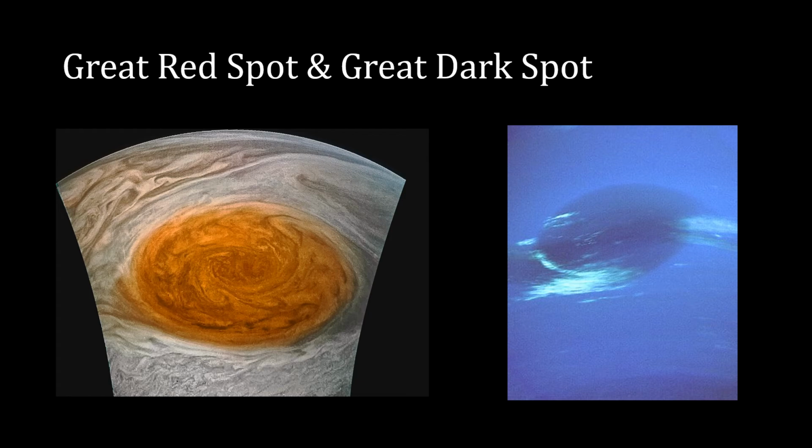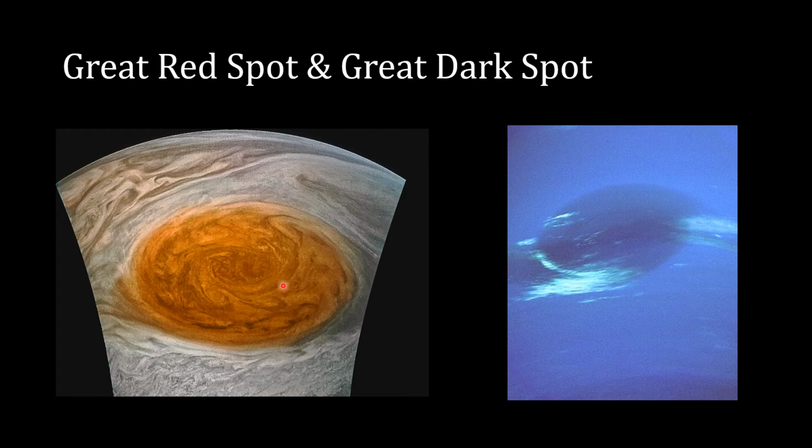Both of these are storms, and they are of terrifying size, because this Great Dark Spot is about the size of Earth, which is just terrifying to me to think of a storm that's the size of the planet that we live on. And what's even more terrifying is that this one is 2 or 3 times bigger than that. So you could fit maybe 2, maybe 3. I've seen the number vary within that range, 2, 2.5, 3 Earths inside just this storm.